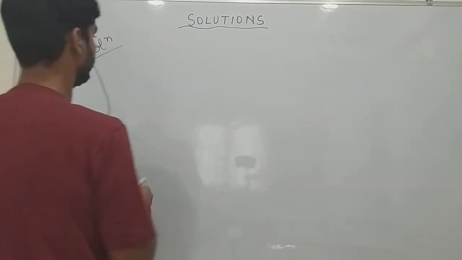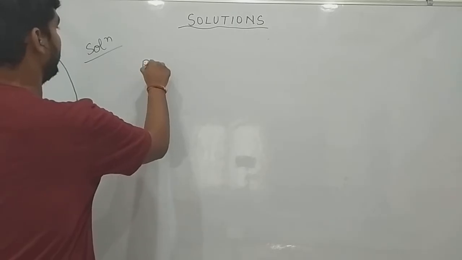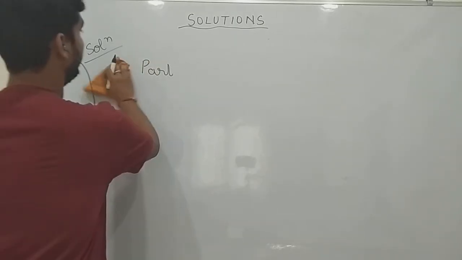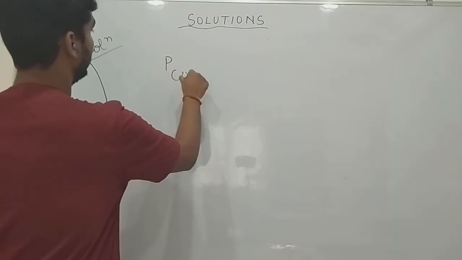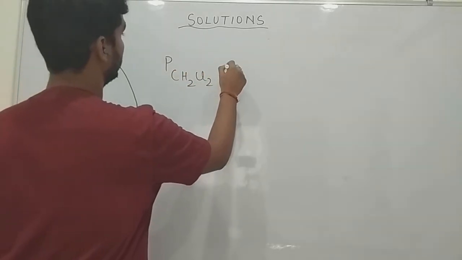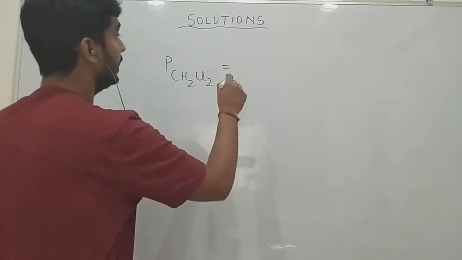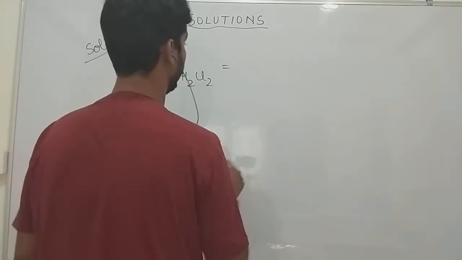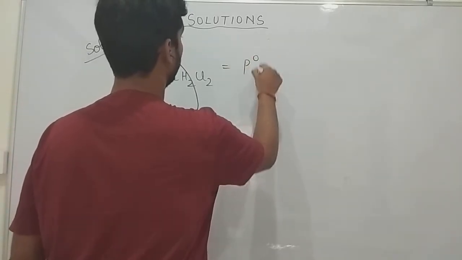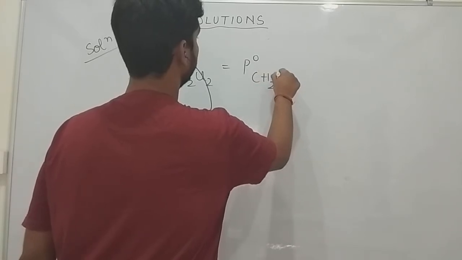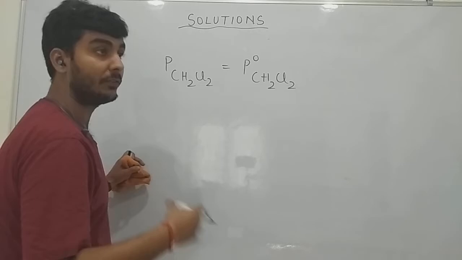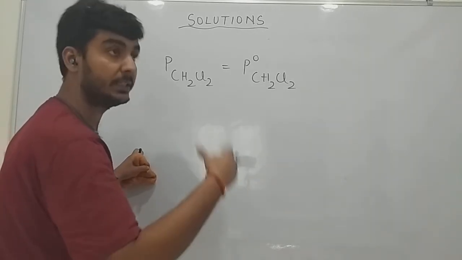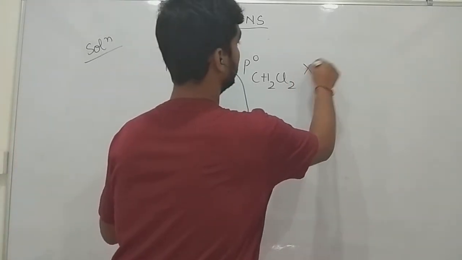Partial pressure of CH2Cl2, that is dichloromethane, is what? It is the vapor pressure of dichloromethane in pure state, P naught CH2Cl2, into its mole fraction.